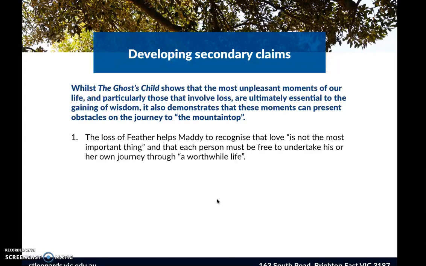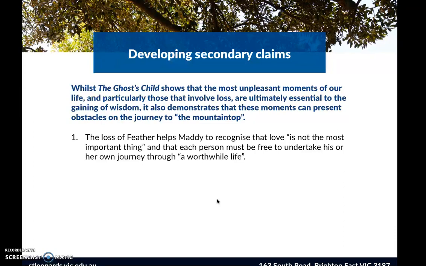So because I'm arguing yes, but, my first secondary claim is going to present a yes, this is true. And I'm focusing on Feather because that was one of the characters or one of the moments of adversity that I brainstormed. The loss of Feather helps Maddie to recognize that love is not the most important thing and that each person must be free to undertake his or her own journey through a worthwhile life.